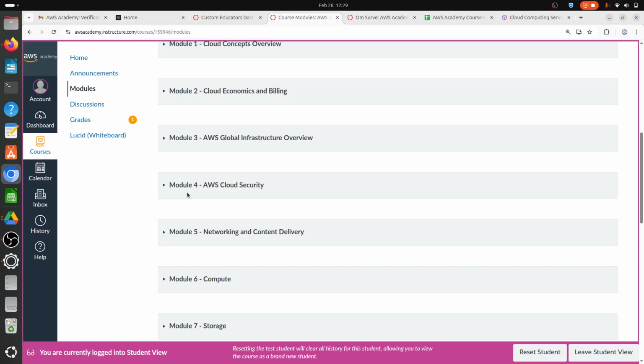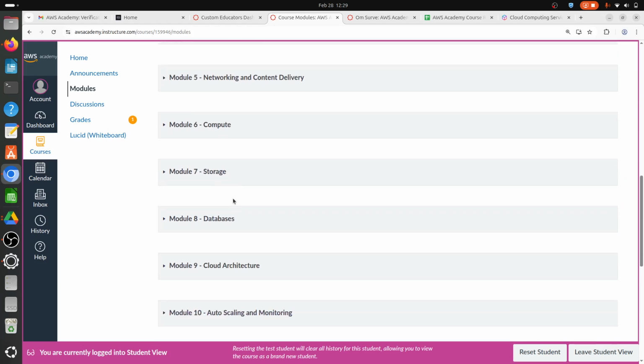So there comes the role of providing security to data, providing security to networking infrastructure, providing security to the infrastructure of the cloud provider as well. Because if the cloud provider service is not accessible due to downtime, that also creates a lot of issues. So providing cloud security is a key aspect, and we talk about how cloud security is managed by AWS in this module number 4.